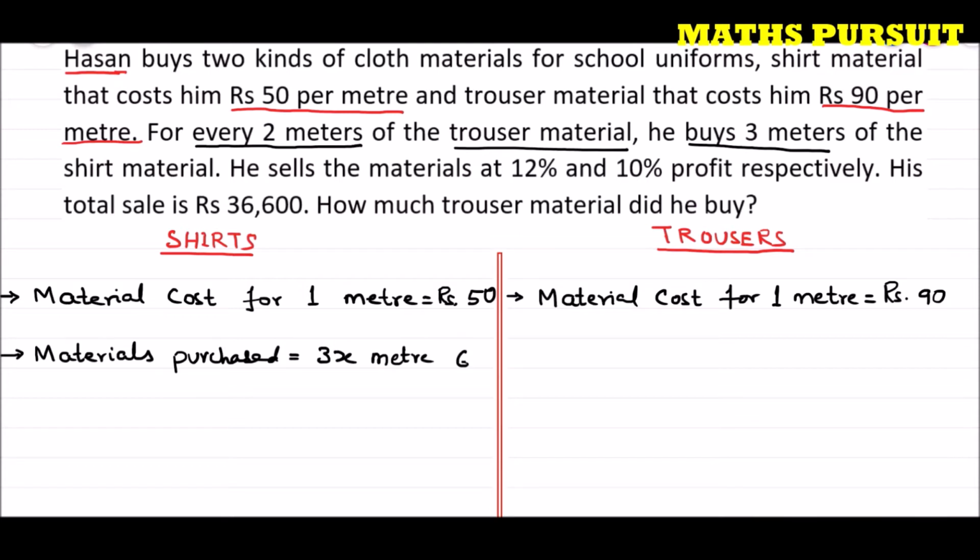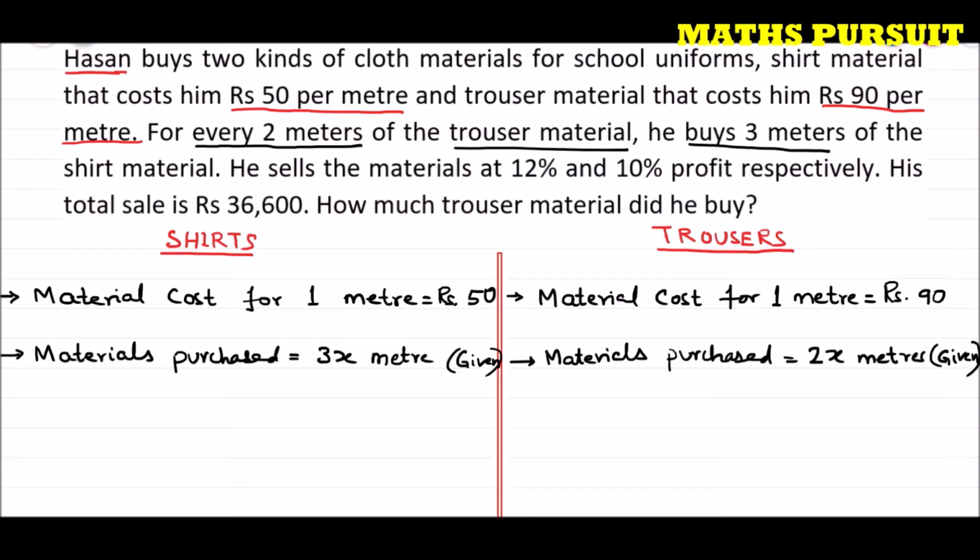And guys, this is given in the question. Now similarly, trouser materials purchased is equal to 2x meters. This one is also given.